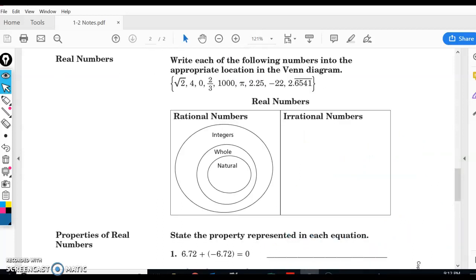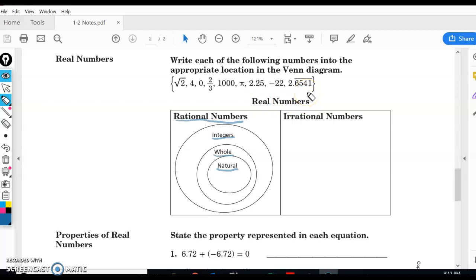This diagram is a representation of real numbers. It's written by basically subsets, starting with the smallest subset, natural, a bigger subset, whole, even bigger, integer, and all integers are rational, and all rational are real.